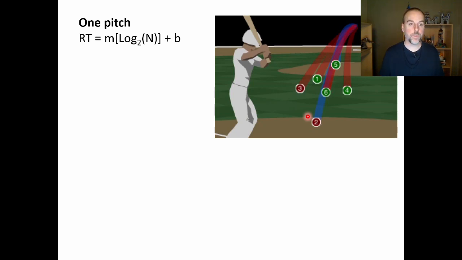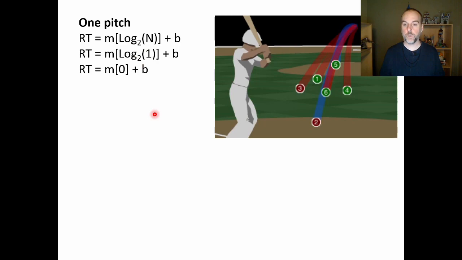All right, so first of all, let's imagine just one pitch. We're going to start with the equation of Hick's law, and we have one stimulus response alternative. So log to the base 2 equals 1. If we rewrite that as an exponent, that's 2 to the power of 0 equals 1. So remember, this is the case where it equals 0.